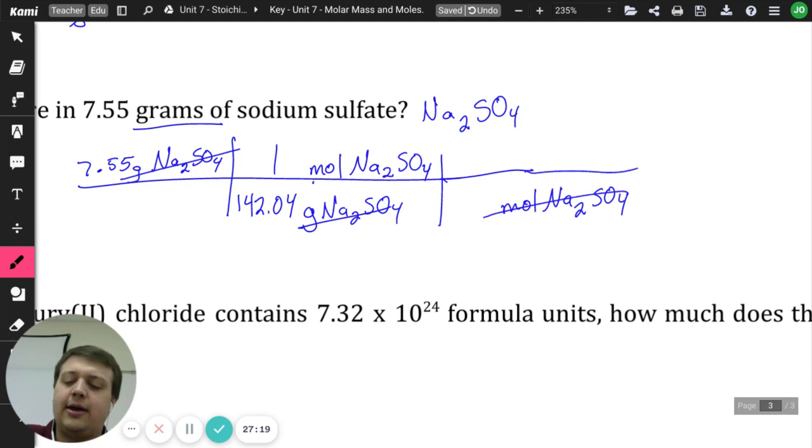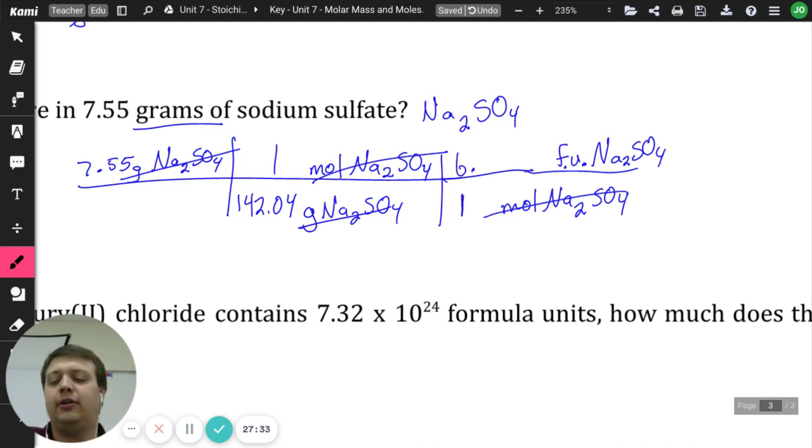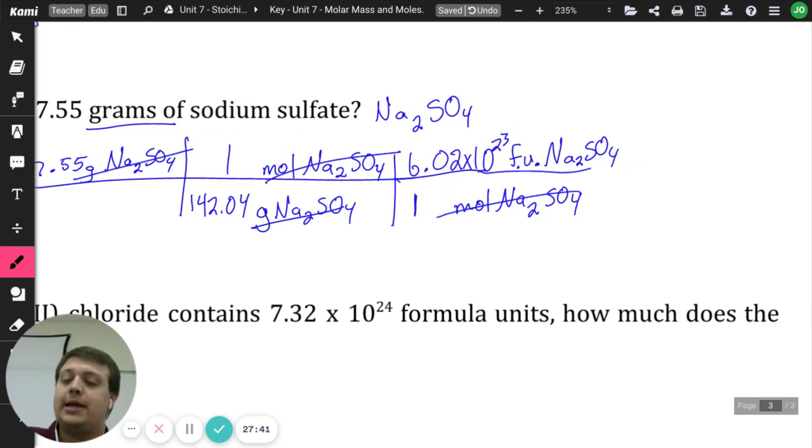I'm going to cancel out that moles, and I'm going into formula units. Okay, and I can do that because remember, a mole can essentially convert into anything, right? Na2SO4. And in this case, that conversion is for every 1 mole, I have 6.02 times 10 to the 23rd formula units. Okay, now is formula units what I'm looking for?